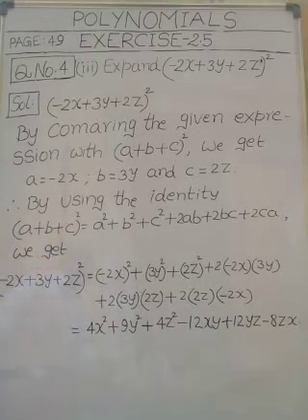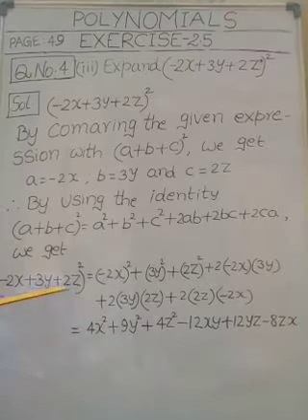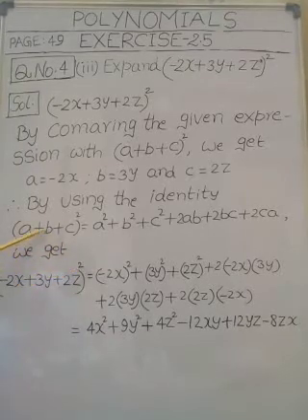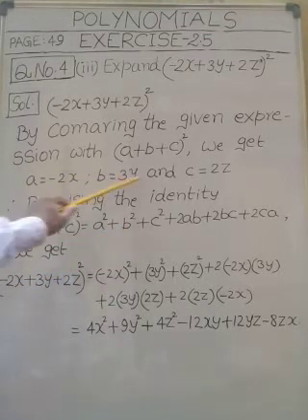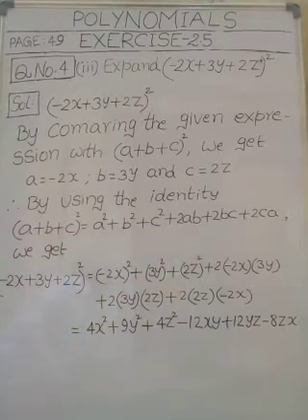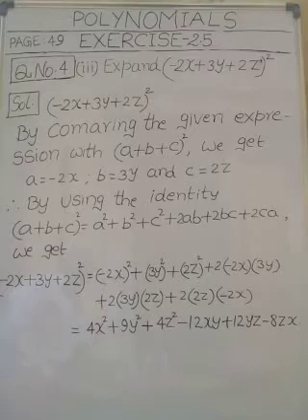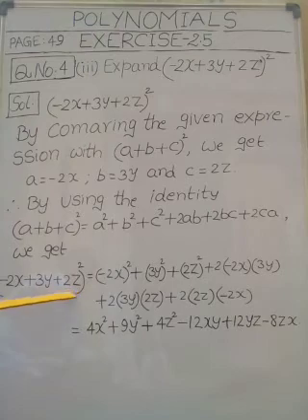Then we get (minus 2x plus 3y plus 2z) whole square. I am substituting a, b and c values in this algebraic identity to expand the expression. Okay, my children, a means minus 2x, b means plus 3y, c means 2z. Understood this top part, my children?